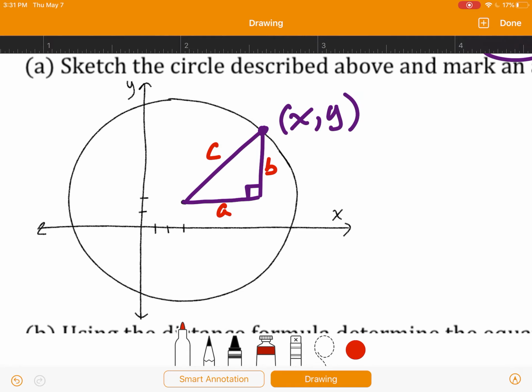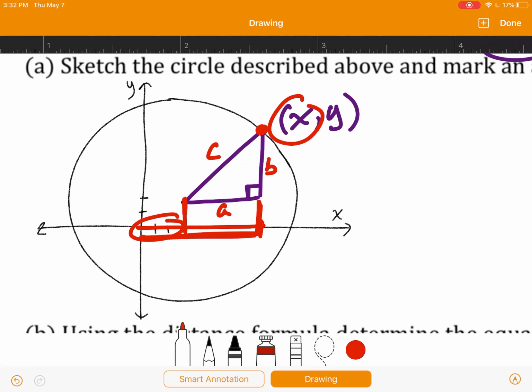And the way we would figure out the length of, let's start with a. The way we find out the length of a is we would have to say whatever this x value is, this whole length, and we would have to subtract this piece because we only want from here to here. So this whole length here is the x value for our random point.